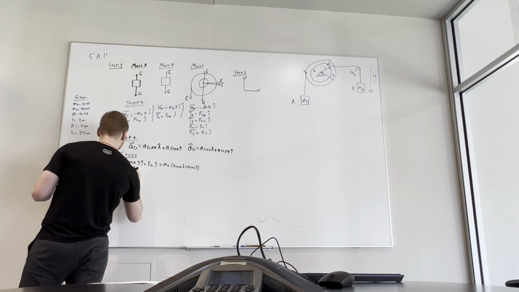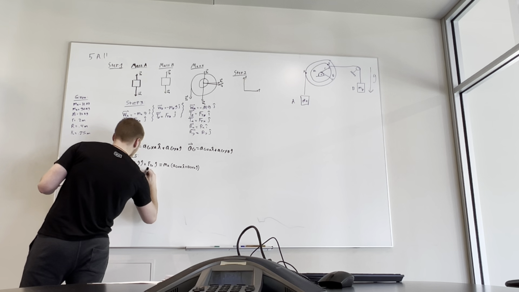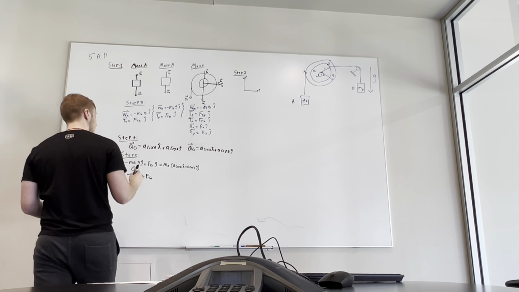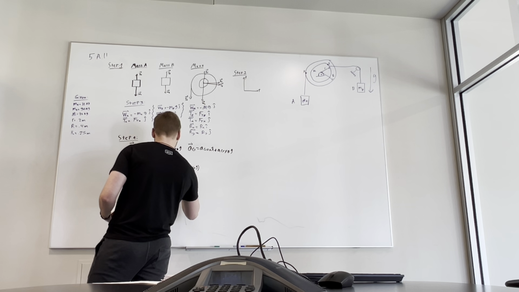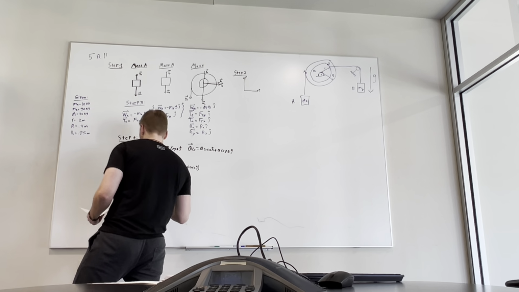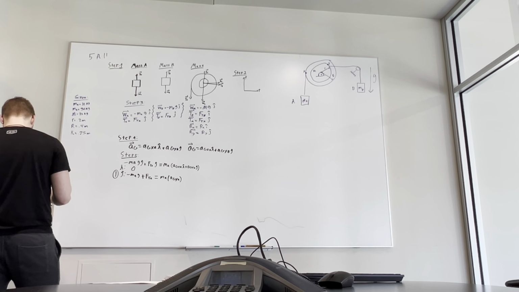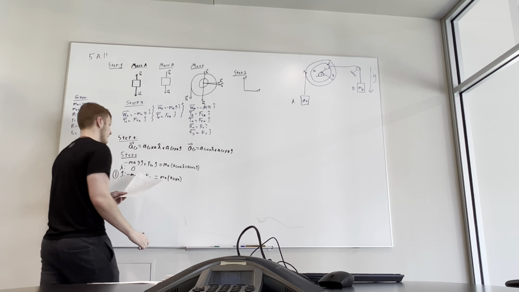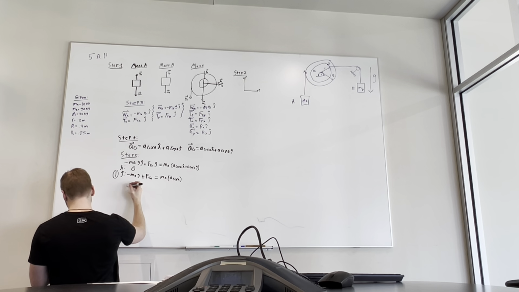And then for J, it's negative MA times gravity plus F from tension A is equal to MA times the acceleration of mass A in the Y component. And that will be our first scalar equation. And then we'll do the same process for mass B.